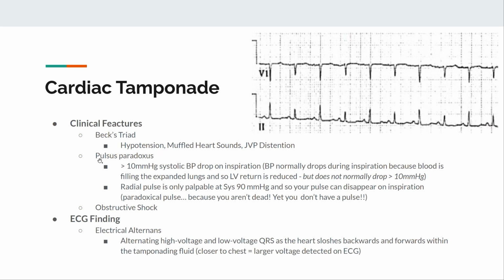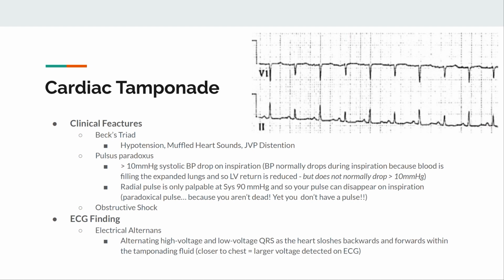Another feature is pulsus paradoxus, which is a greater than 10 millimeter drop in systolic blood pressure on inspiration. So when people breathe in, the lungs get bigger, and so there's more blood inside the lungs, which means there's less blood returning to the left side of the heart. Okay?